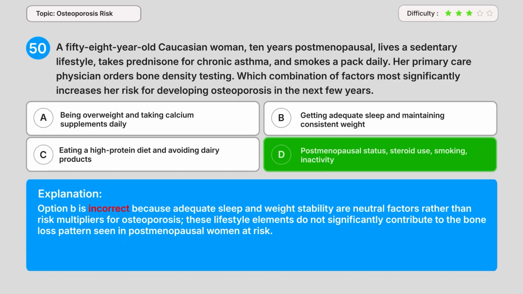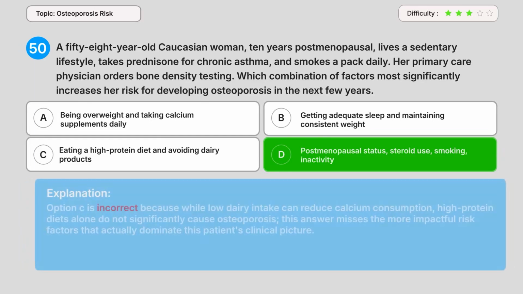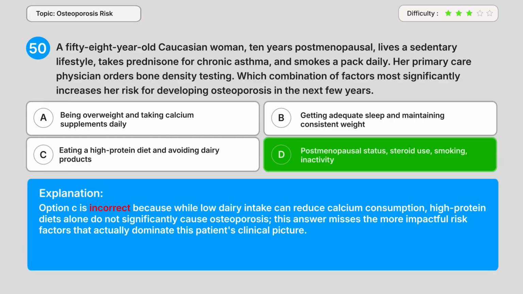These lifestyle elements do not significantly contribute to the bone loss pattern seen in postmenopausal women at risk. Option C is incorrect, because while low dairy intake can reduce calcium consumption, high-protein diets alone do not significantly cause osteoporosis. This answer misses the more impactful risk factors that actually dominate this patient's clinical picture.